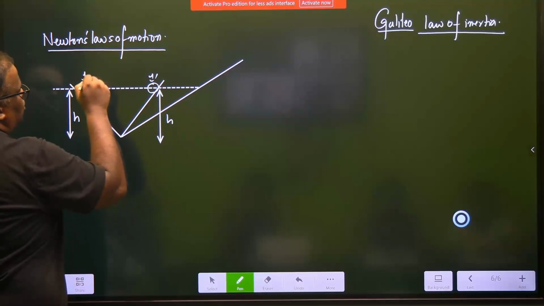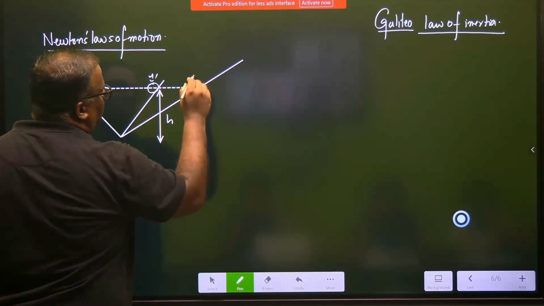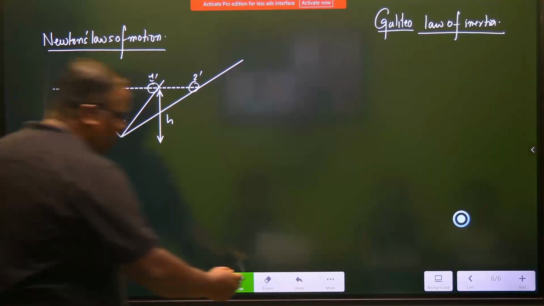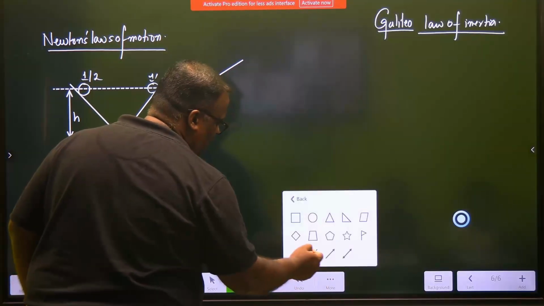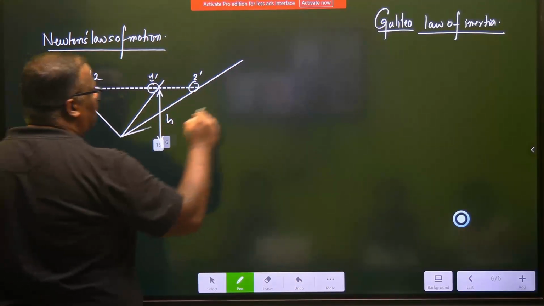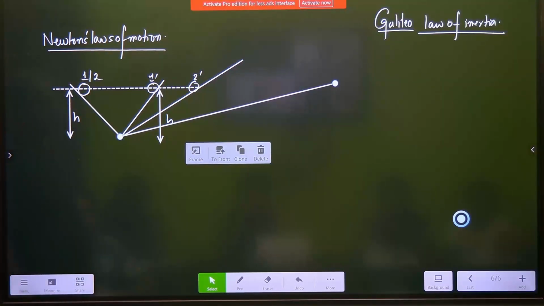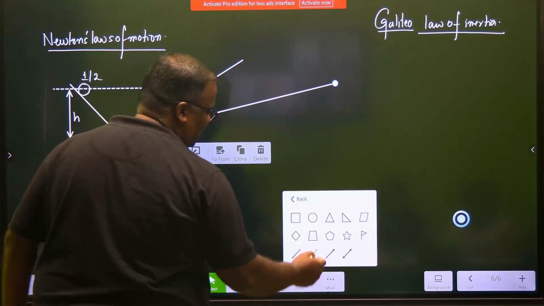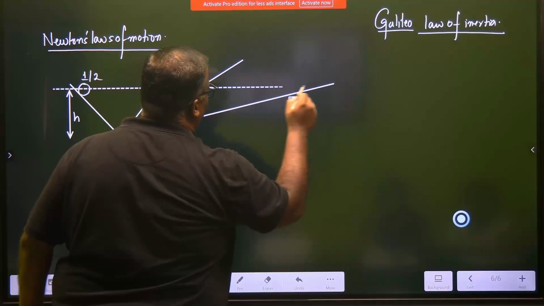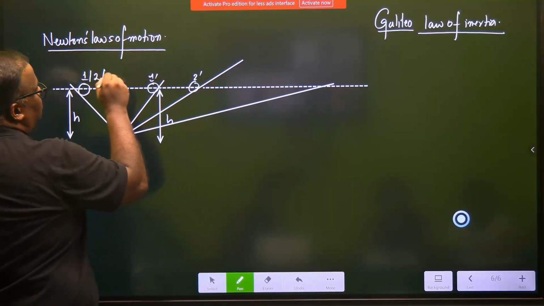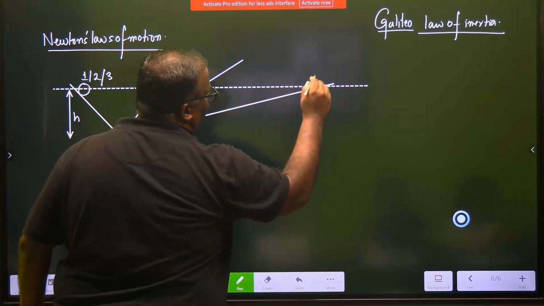When the attempt was 2, the ball exactly came here, 2 dash, the same height. After that, the angle was further reduced a third time. It still comes to the same height. Let us say the third attempt was made here. The ball came here. This is 3 dash.